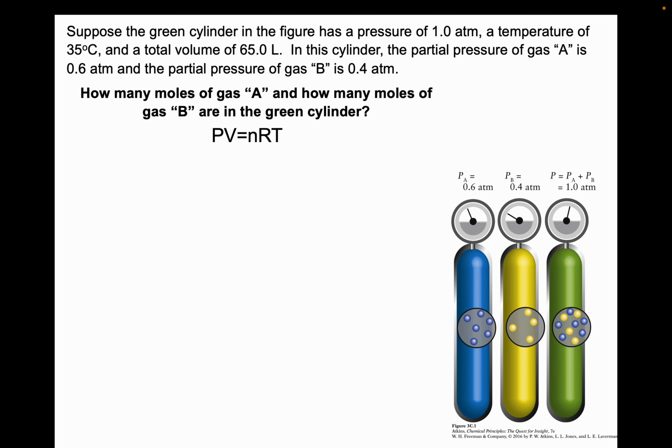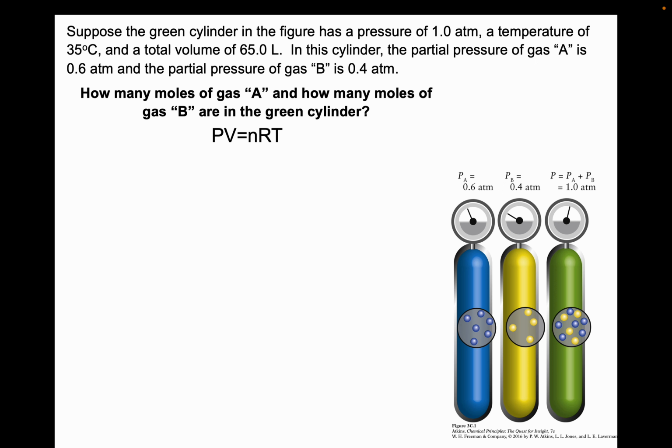Let me show you how that's useful. So consider this question. The words at the top are setting up the same thing that is in the image. We're combining gas A and gas B and putting them in the same container. 0.6 atmospheres, 0.4 atmospheres put together equals 1. And the question is, how many moles of gas A and how many moles of gas B would be in that green cylinder?